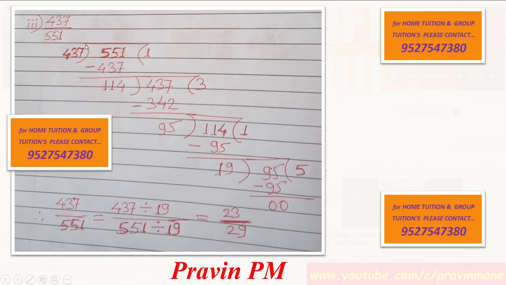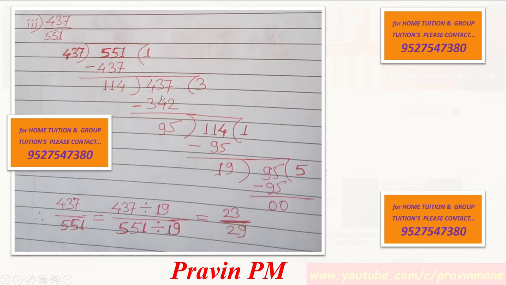Now 437 divided by 551. In the same way, take the bigger number as the dividend and the smaller number as the divisor, and this is the quotient.